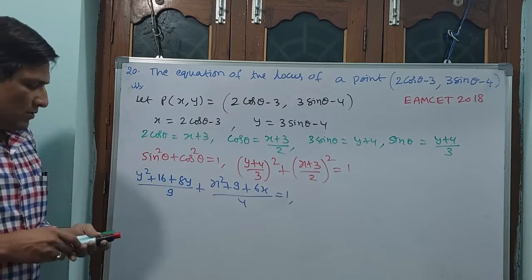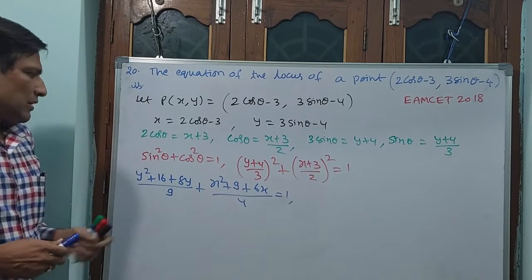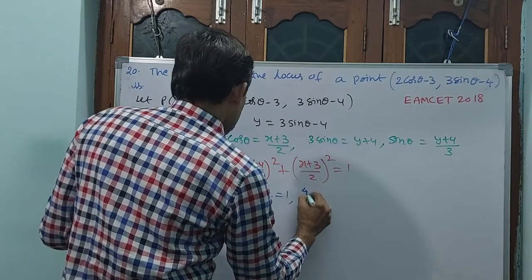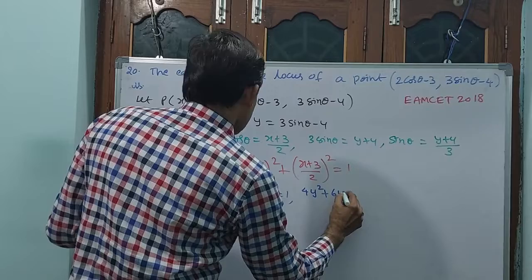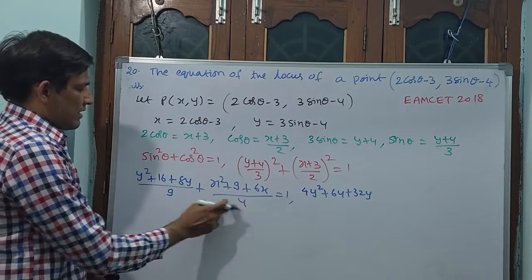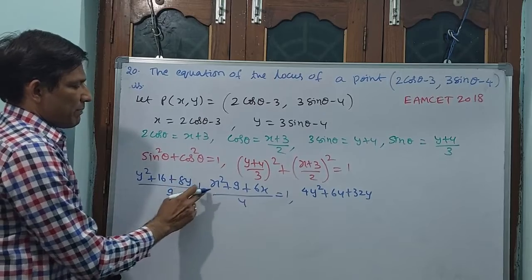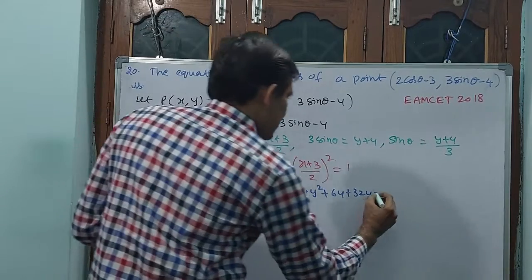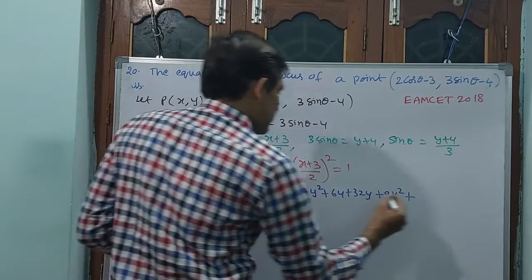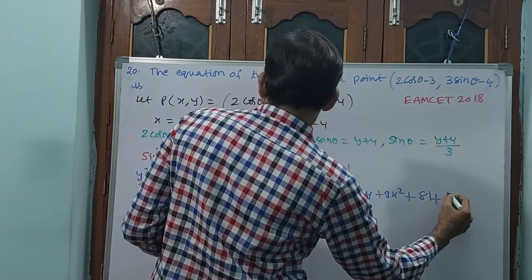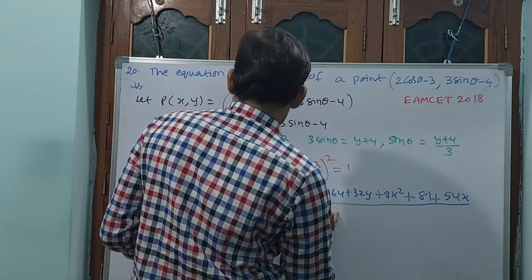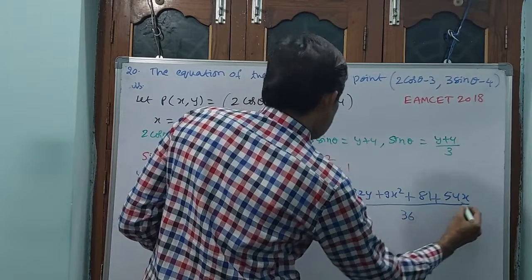Now cross multiply. 4y square plus 64 plus 32y, plus 9x square plus 81 plus 54x, divided by 9 into 4, 36, is equal to 1.